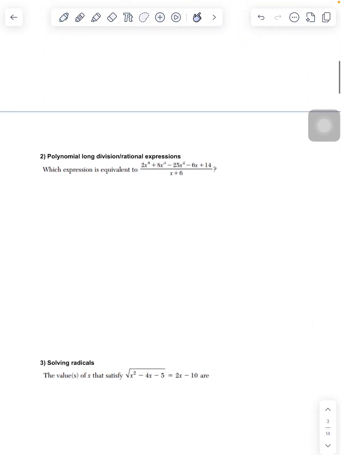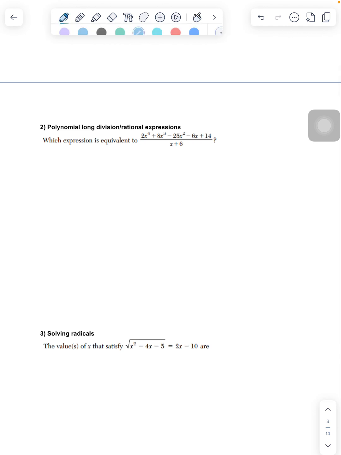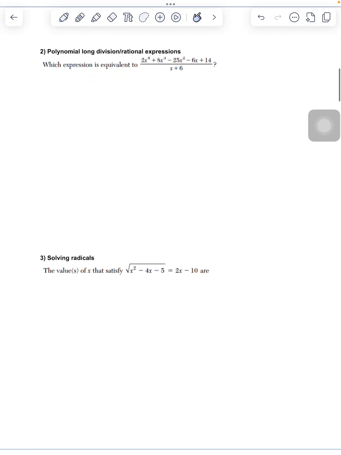All right, let's move on to the next function, right? So if you see a function like this, it says, oh, which expression is equivalent to, right? This is usually a rational expression long division problem. So let's try it, right? Let's try the long division here. Let's set it up.